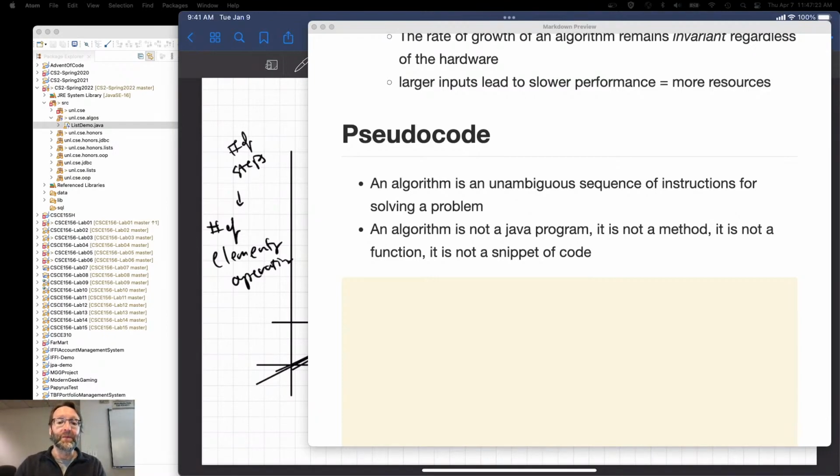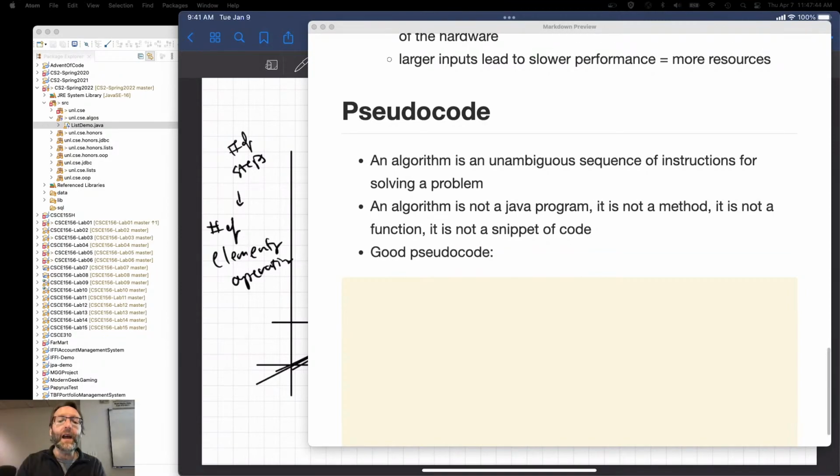Well, if it's fake code, there ain't no rules. If there were rules to your pseudocode, guess what you would have? A programming language, right? There are rules to writing Java. There are rules to writing C. There are rules to writing Python. If you put in too many rules, guess what? You've got yourself a programming language. So instead, we have just general guidelines. What is good pseudocode? Good pseudocode makes use of plain English, right?